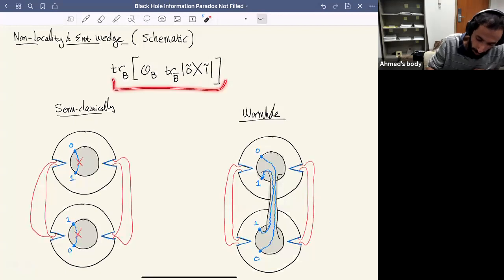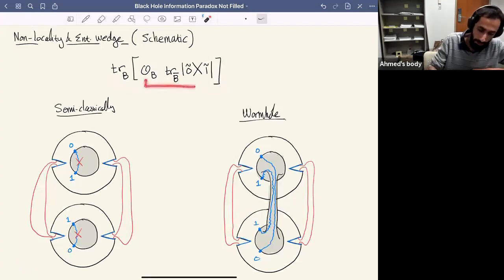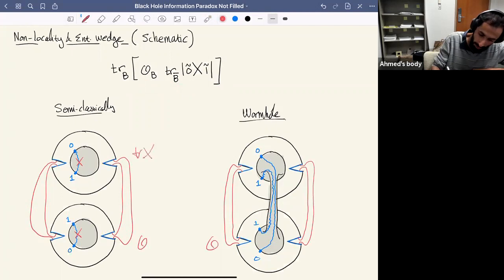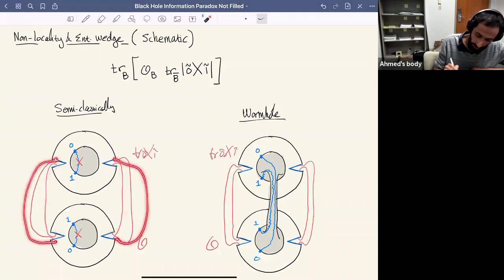So we're trying to compute this quantity. The contraction between O and this trace over B bar looks something like these contractions of these red lines. It doesn't matter which is which. So let's say this is O and this is the state. The matrix contracts this guy to this guy, and this guy to this guy, and similarly here to that, and here to that.